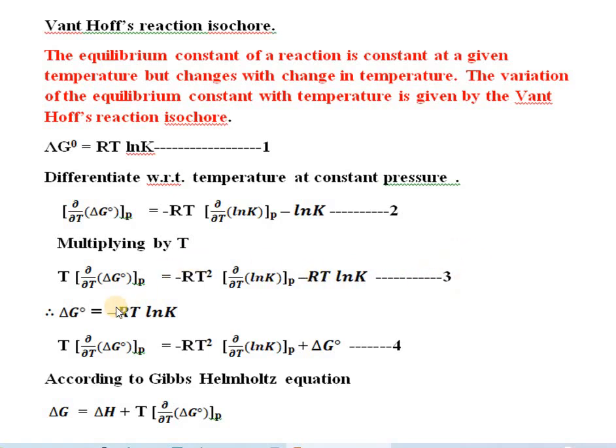And we know that delta G0 is equal to minus RT ln K, the Van't Hoff reaction isotherm.